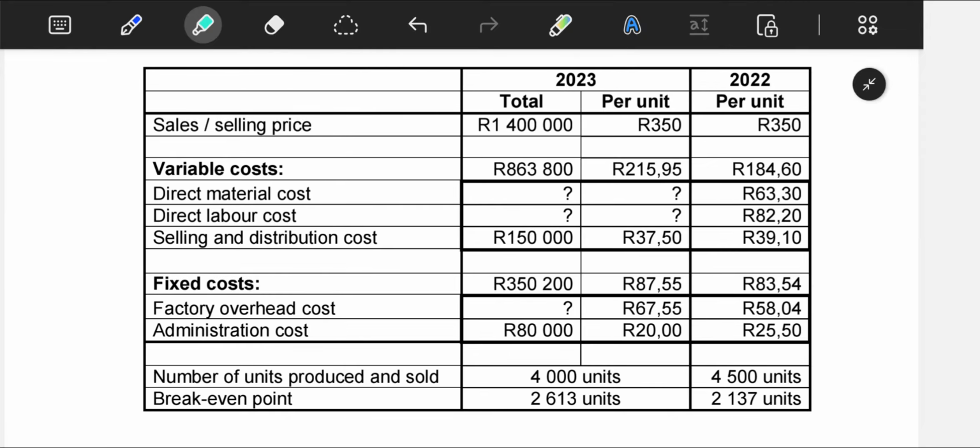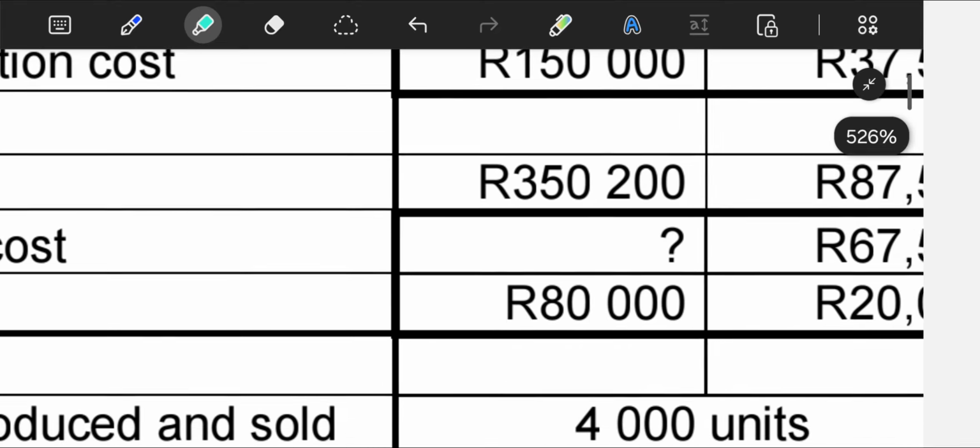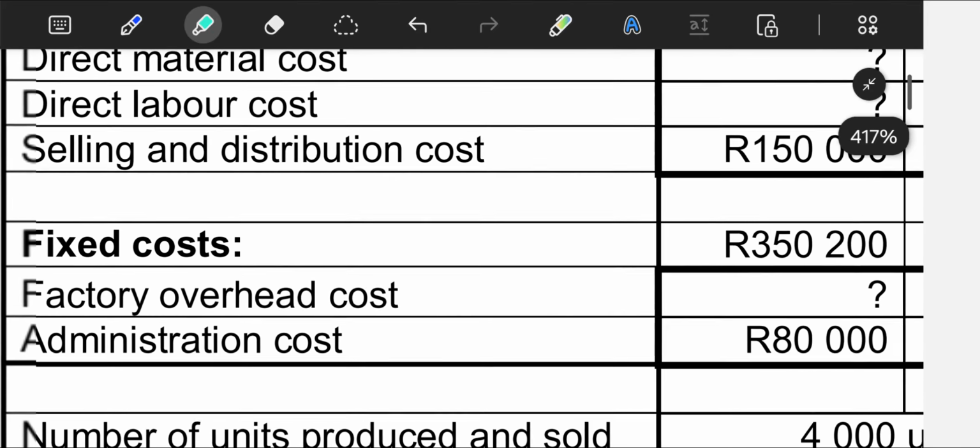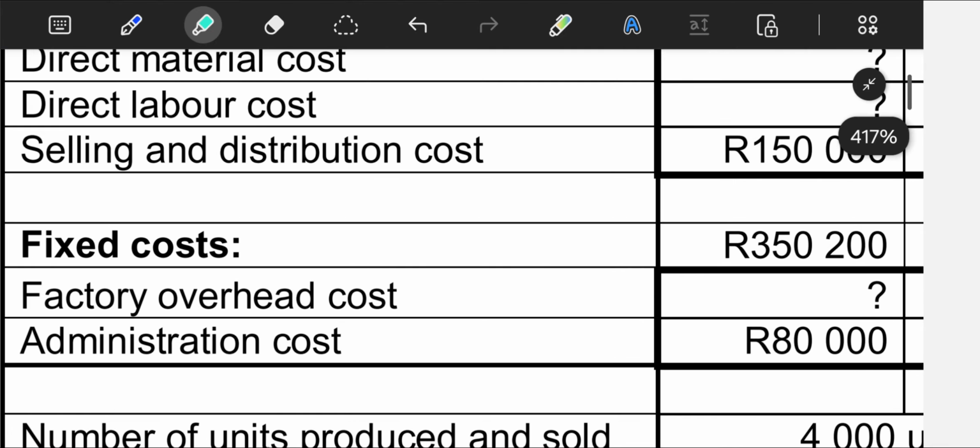Okay, it's good that at this point in time you just have them already here, unlike at times where they're going to be giving you depreciation and you have to calculate depreciation and differentiate the ones for the factory, the one for the admin, and all those things. So on this question, the examiner had justice and gave you the simple calculations here.